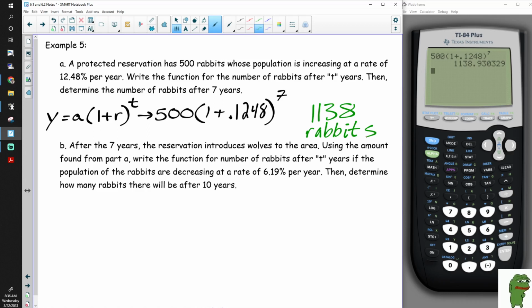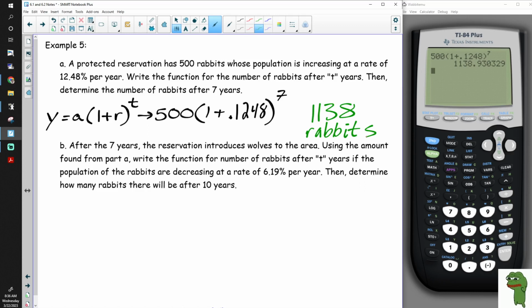So if we were to see a population going out of control, here is something that they might do. Okay? So after the 7 years, so now we are starting with 1,138 rabbits, the reservation introduced wolves, a predator, to the area.